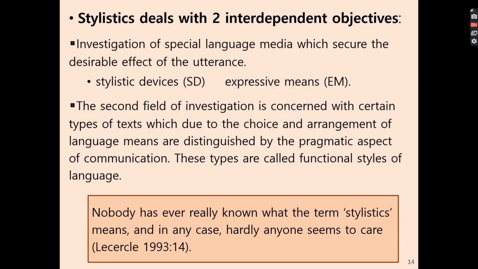But he is definitely wrong, because contemporary stylistics is pretty much alive, and as we all knew, it is offered as your major subject.